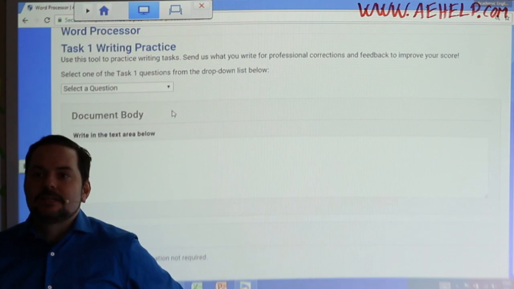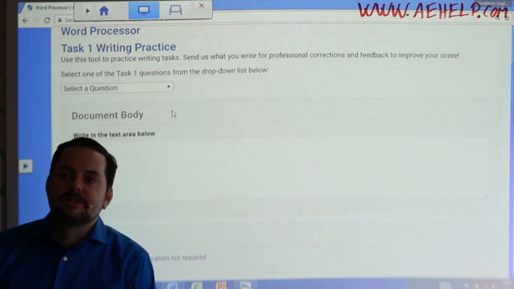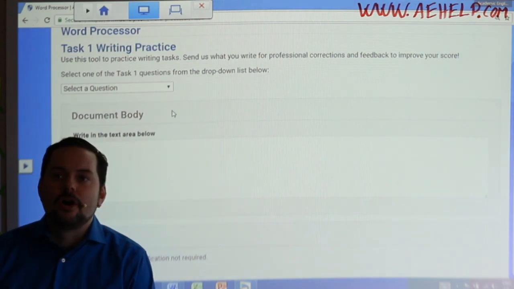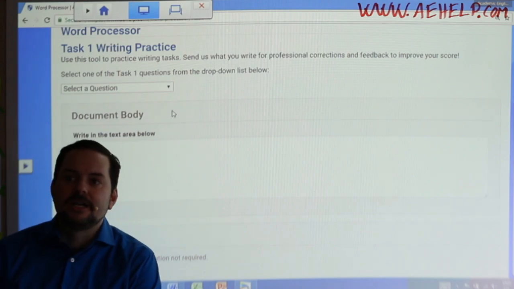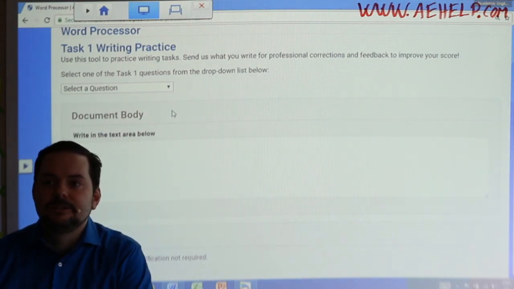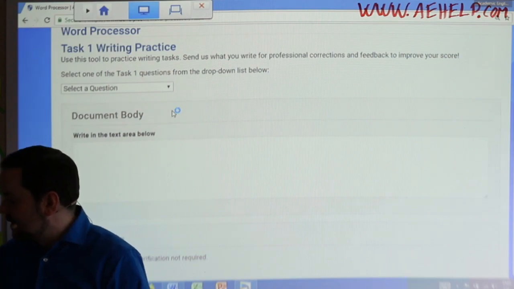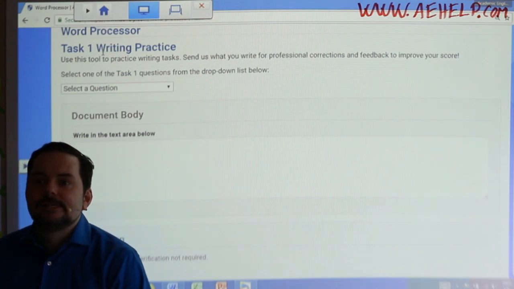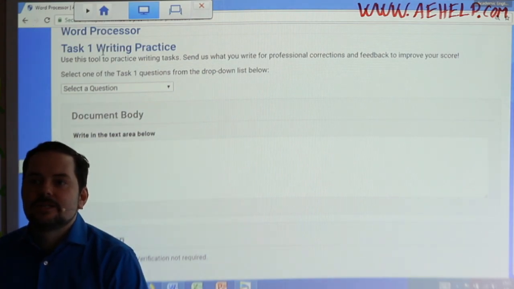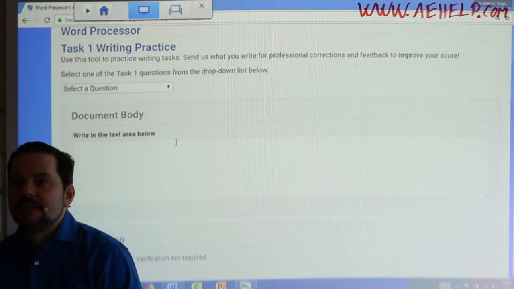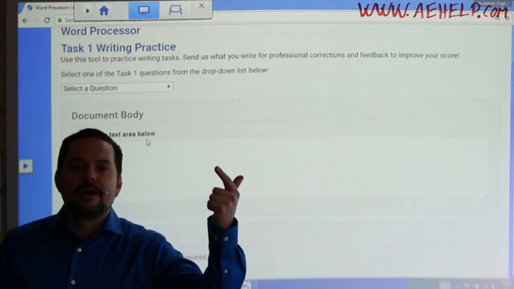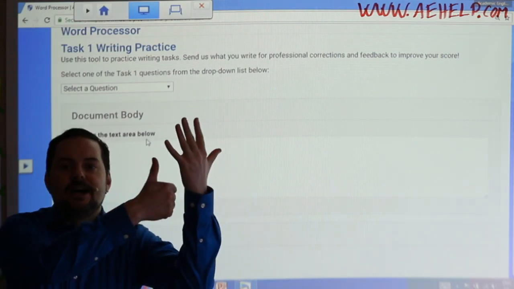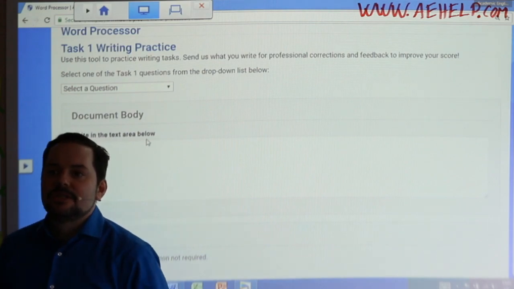There are actually 6, not 5. They are line graph, bar graph, pie chart, table, flow chart, and diagram. Okay? So those are the 6.